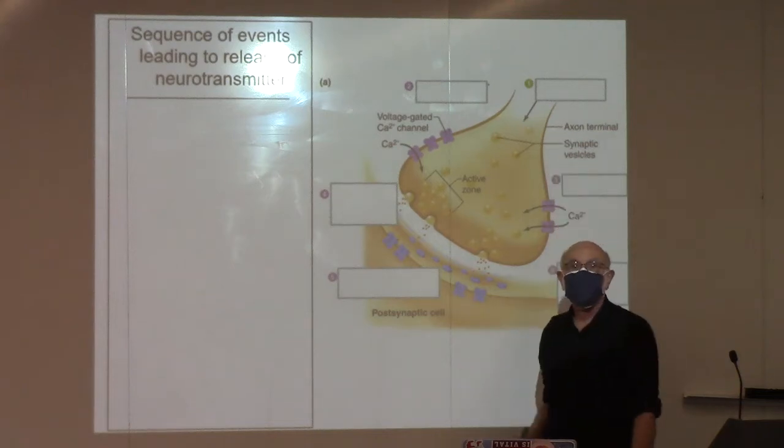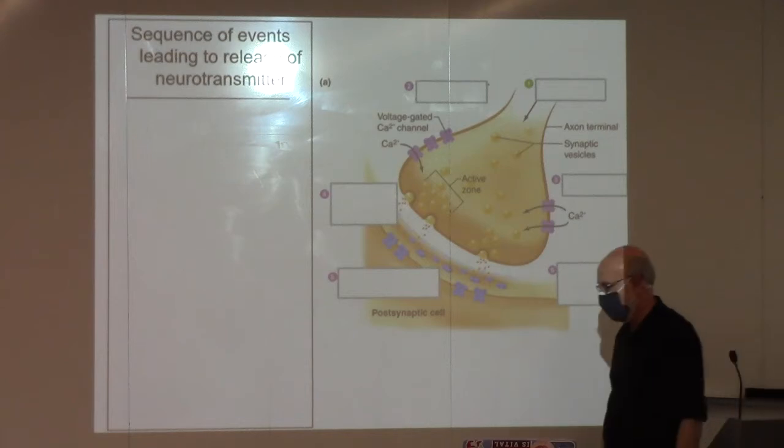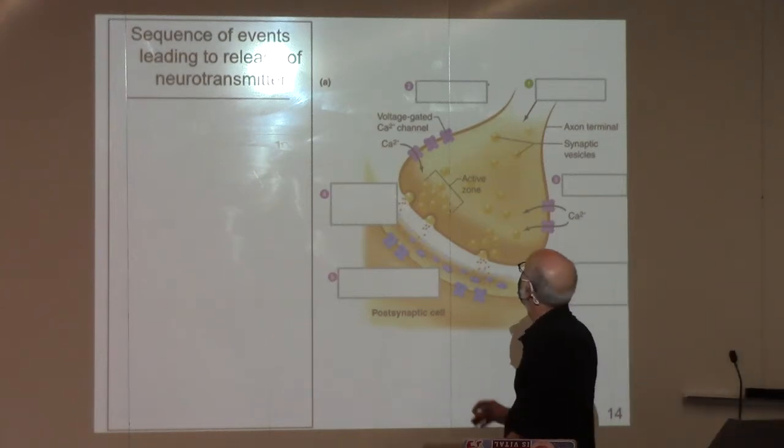So, what goes in box number 1? Anybody? You know what we've been talking about. Zoe? The action potential arrives in the presynaptic axon terminal. Exactly.